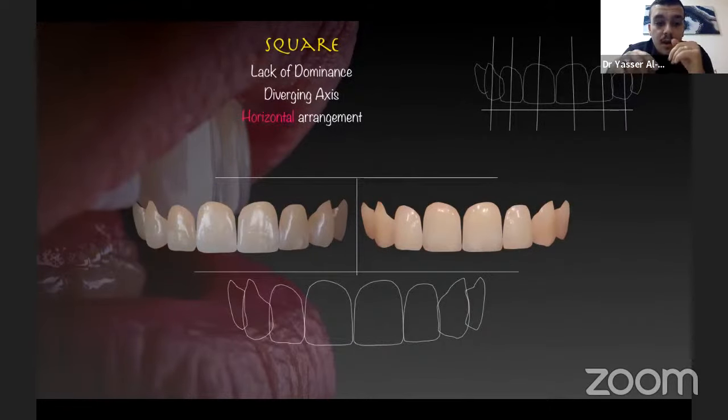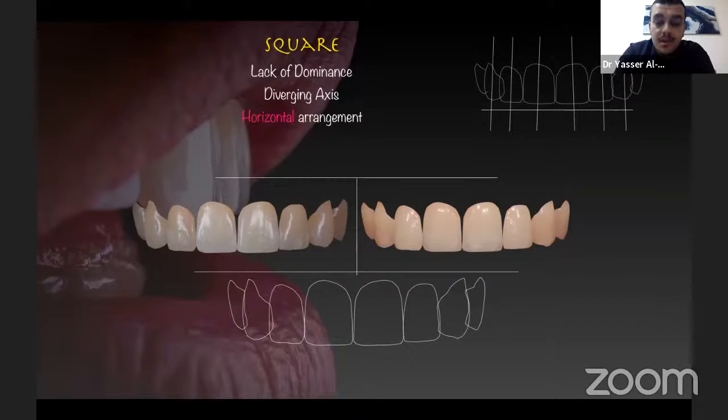And the square, here in the square we can't obtain the golden proportion of the teeth or dental proportion. Why? Because the teeth are shaped like a square, which means the length of the tooth may be equal to the width of the tooth.